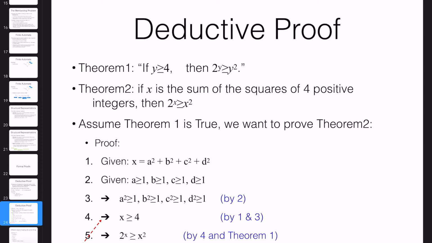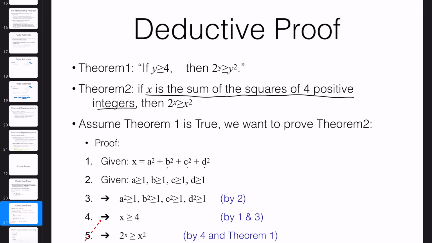Here is the thing. We know that the hypothesis of theorem 2 tells me that X is the summation of the squares of 4 positive integers, right? So this hypothesis can be written as X is equal to A power 2 plus B power 2 plus C power 2 plus D power 2.